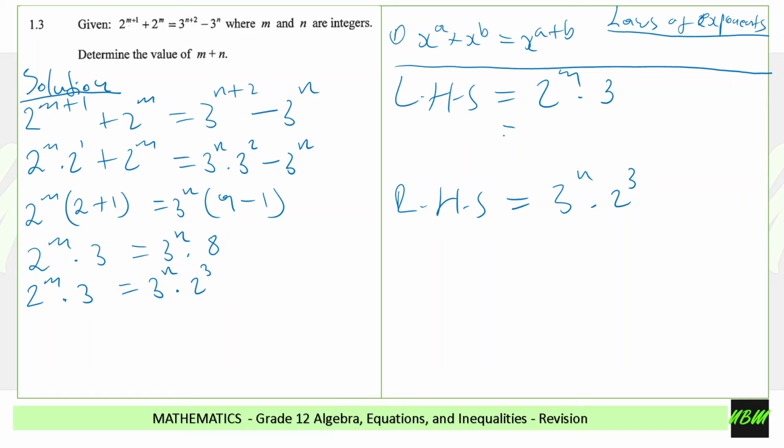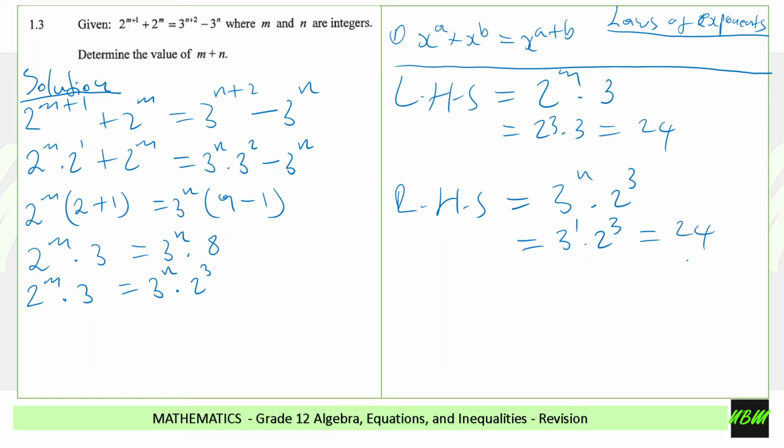Therefore, you would see that when you substitute m with 3, 2 to power m is 2 to power 3, 2 to power 3 times 3. 2 to power 3 is 8, 8 times 3 is 24. Then on the right hand side, the value of n, 3 to power n, 3 to power 1, therefore n being equals to 1, 3 to power 1 times 2 to power 3 will be equals to 3 times 8, 24.